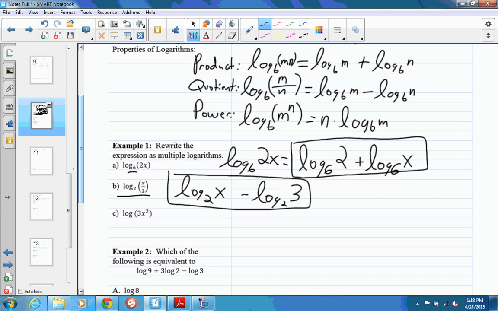For the power property, should it be log base and then n? That's your product property. They're not exponents.